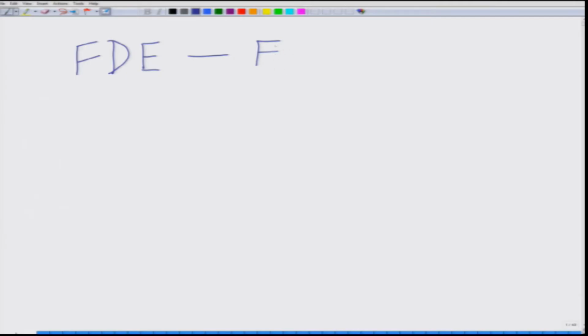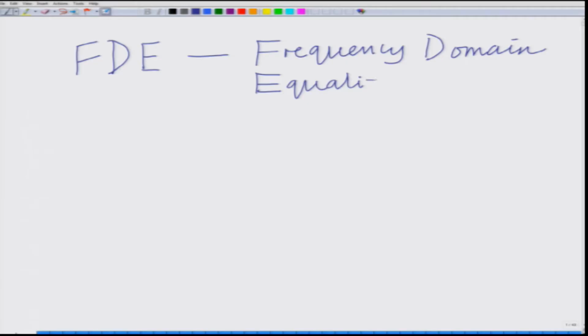Frequency domain equalization, FDE. This is basically an alternative to what we have seen previously, that is your zero forcing equalizer, which is a time domain equalization technique.